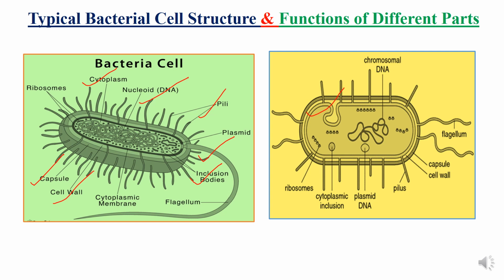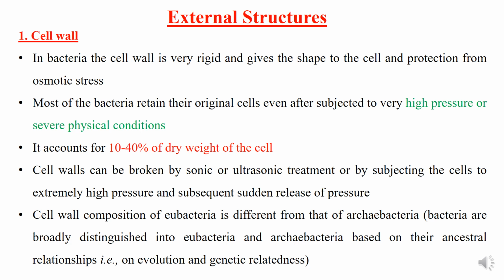In this picture we can see these are the foldings of the cytoplasmic membrane, and let us discuss each one very clearly. Coming to the cell wall, the bacterial cell wall is very rigid, and because of this rigid nature it gives a particular shape to the bacteria, like cocci and bacilli, and gives mainly protection from osmotic stress conditions and harsh environments.